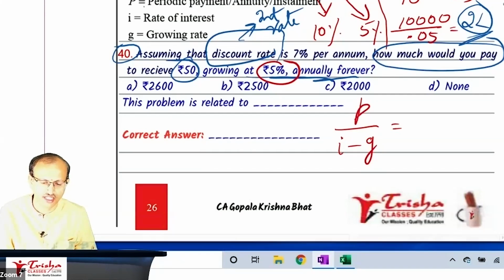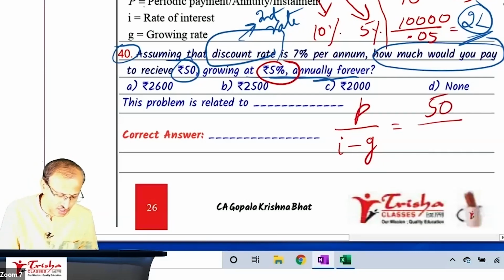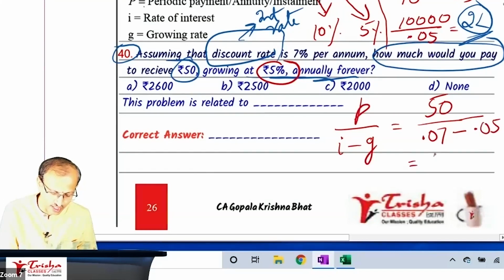Numerator. 50 rupees. Excellent. Interest rate, discount rate 0.07, minus growth rate. Every year that 50 rupees increases by 5%, 0.05. 50 divided by 0.02.